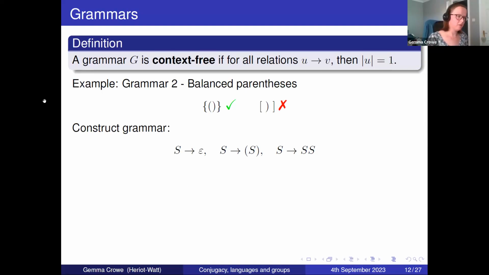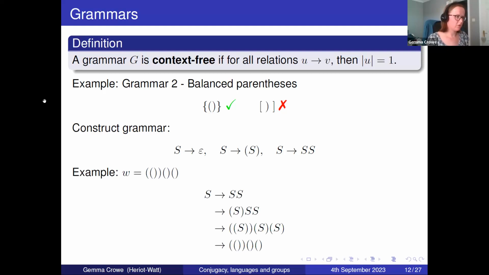And if you want to test whether this really produces balanced parentheses, this is by no means a proof that it does, but proof by example, just to highlight this producing an example of balanced parentheses. But I think it's fairly clear you can see how that will work in terms of generating all possible balanced parentheses. Okay, so that's regular and context-free languages sorted.